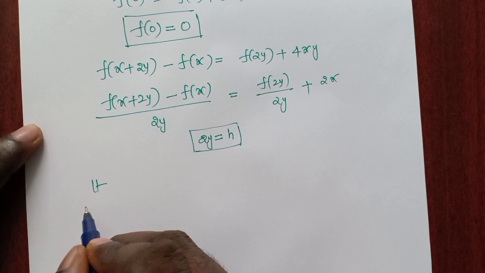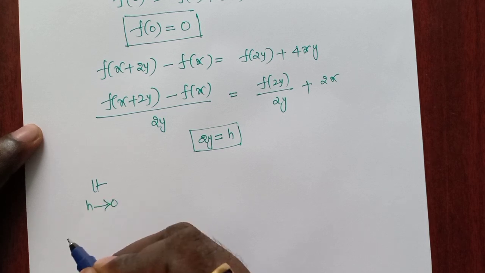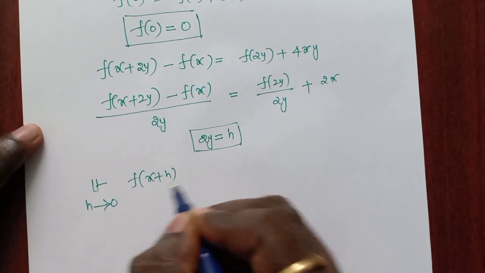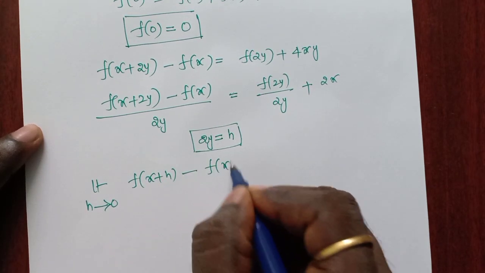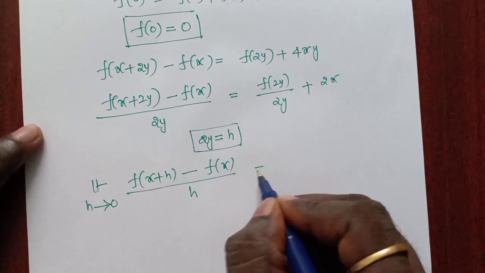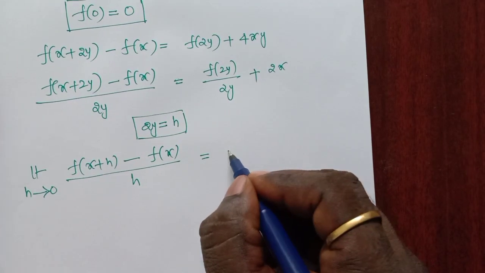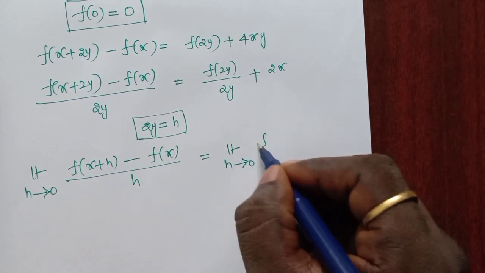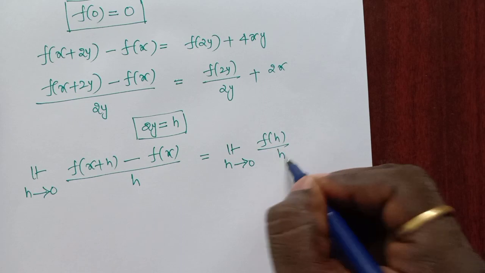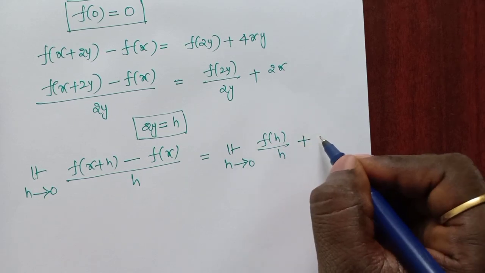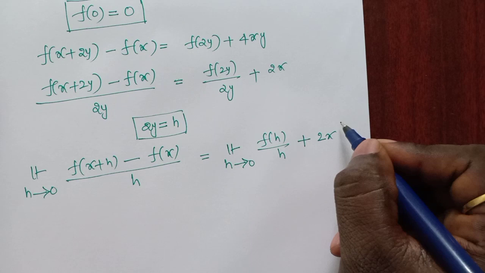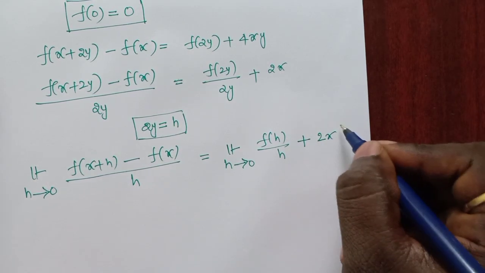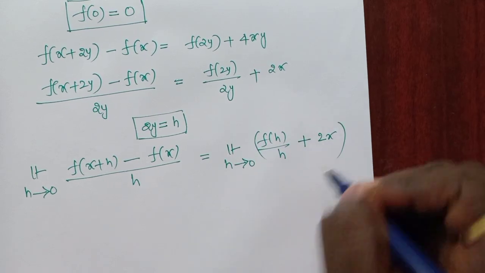Limit h tends to 0, f of x plus h minus f of x divided by h equals limit h tends to 0, f of h by h plus 2x. So it is an independent value, so no need to take the limit there.